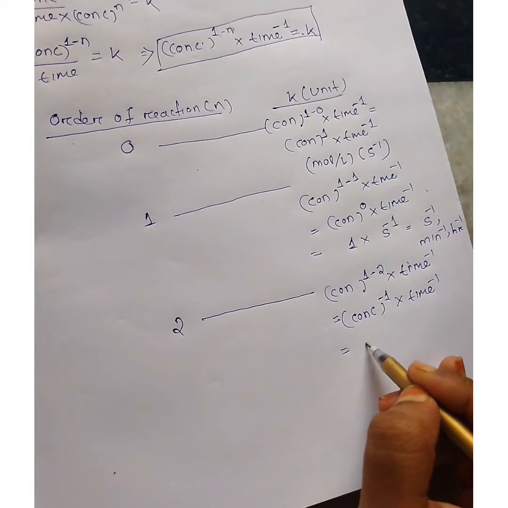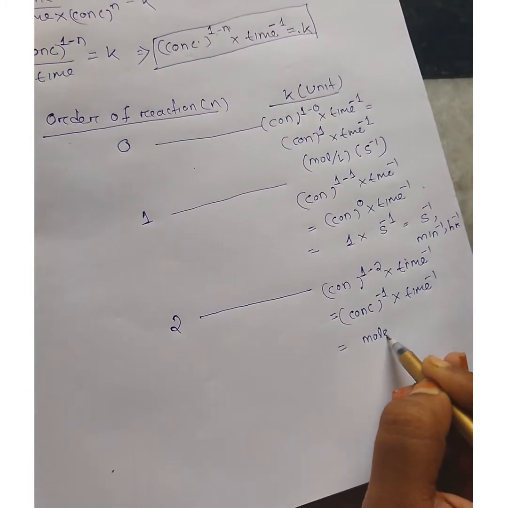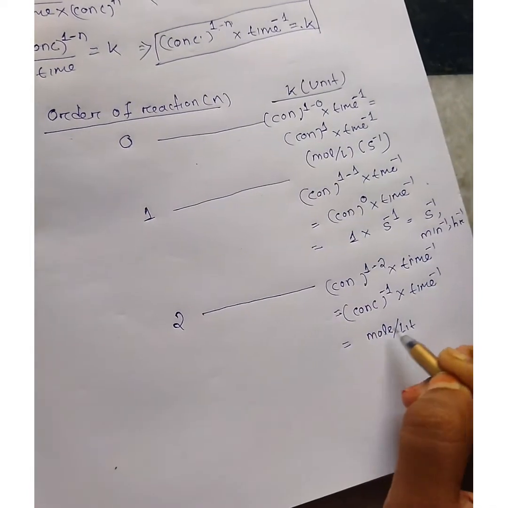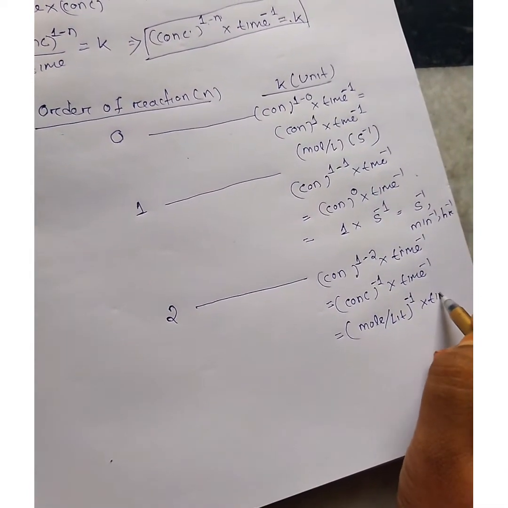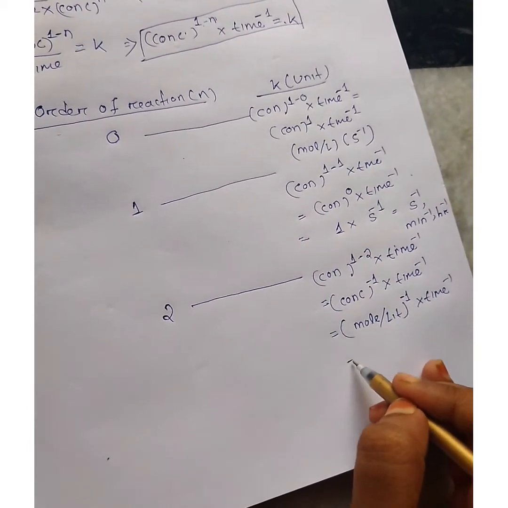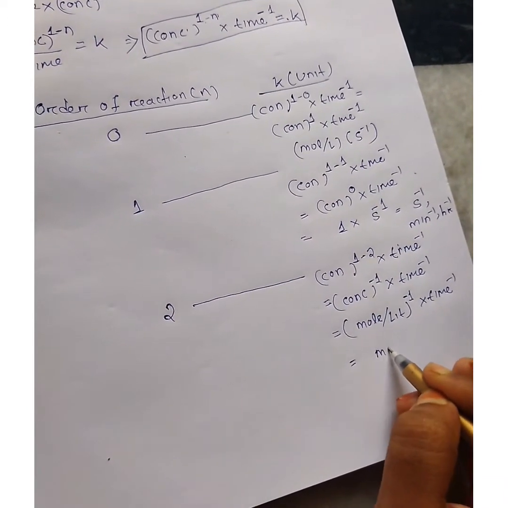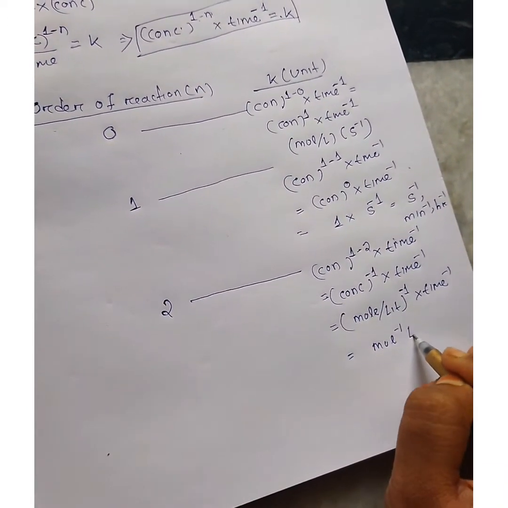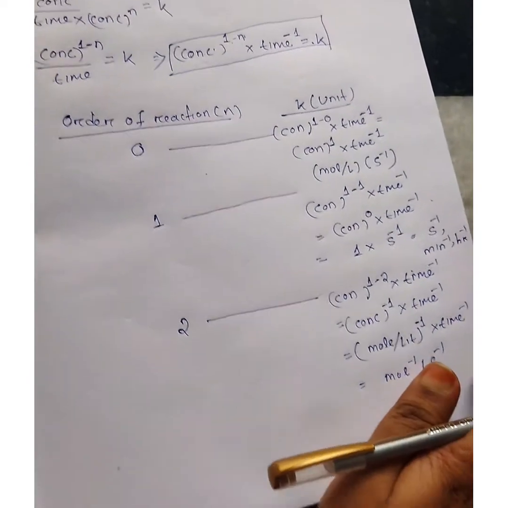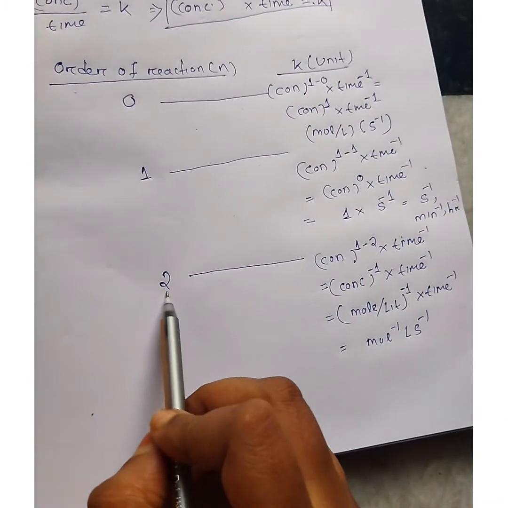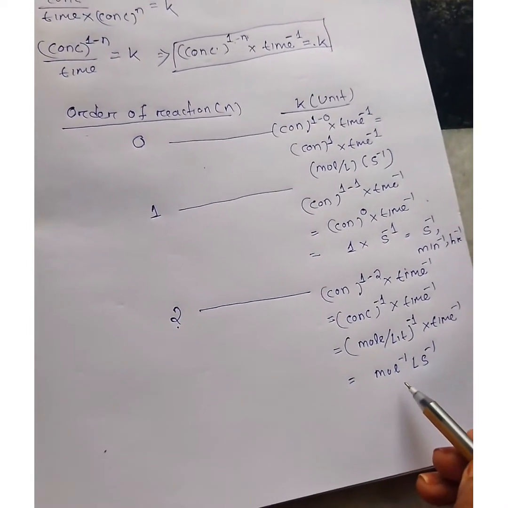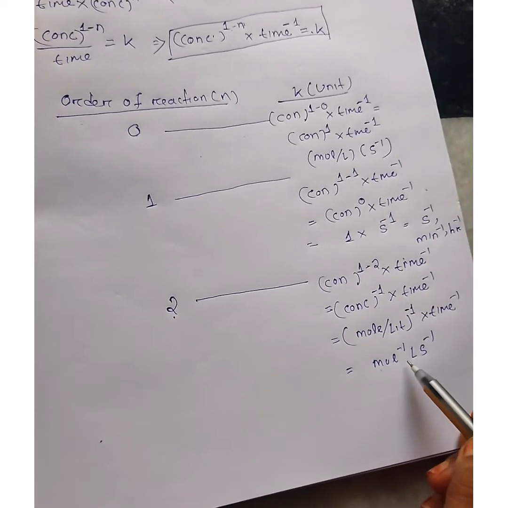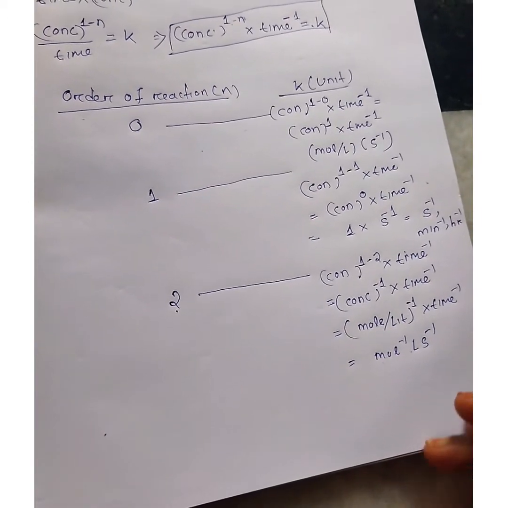It is mole per liter to the power minus 1 into time inverse. It is mole inverse liter and second inverse. If the order of the reaction is 2, that is second order reaction, then the unit of the rate constant is mole inverse liter and second inverse.